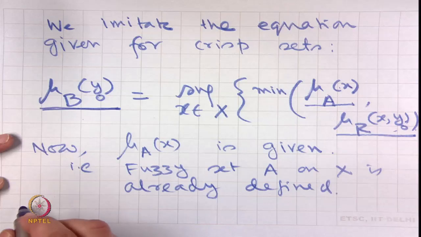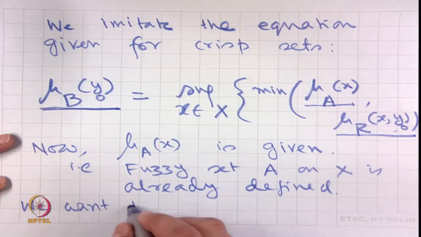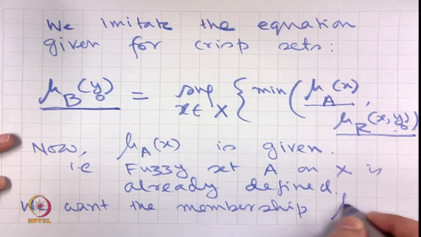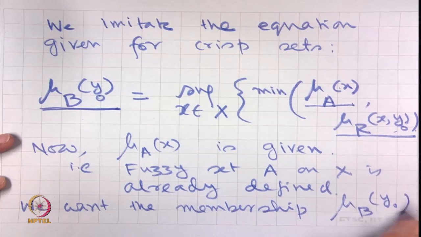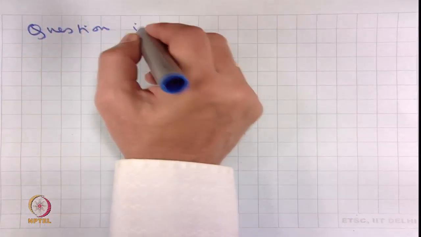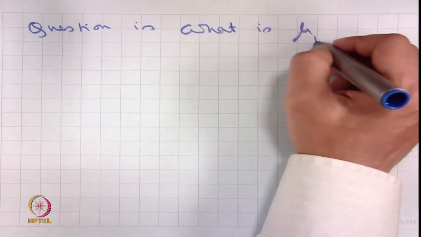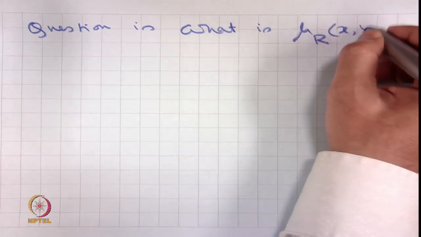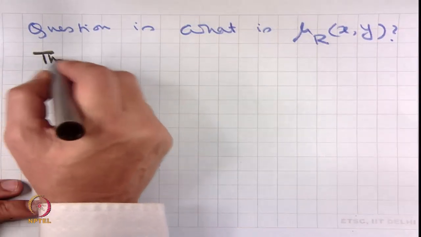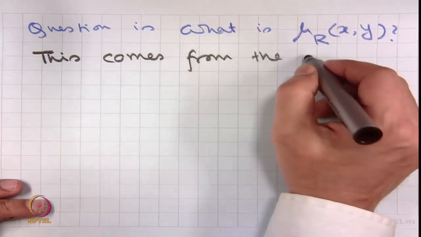And we want the membership of y in B. The question is, what is mu R of x, y? This comes from the implication.